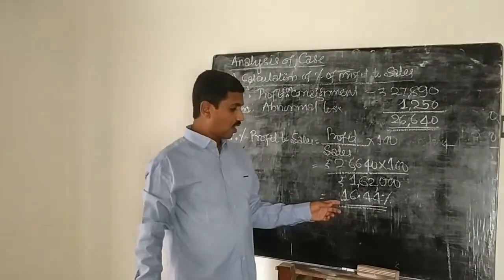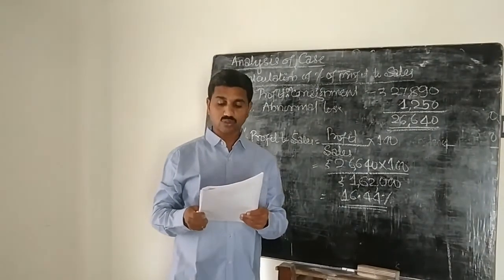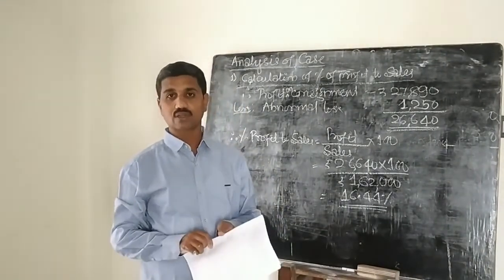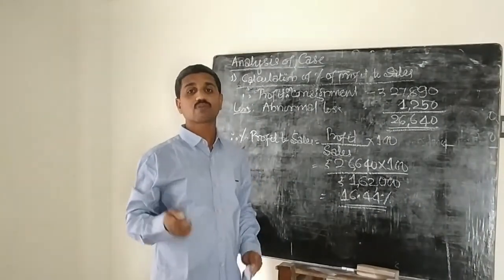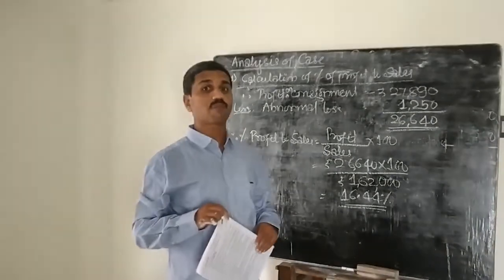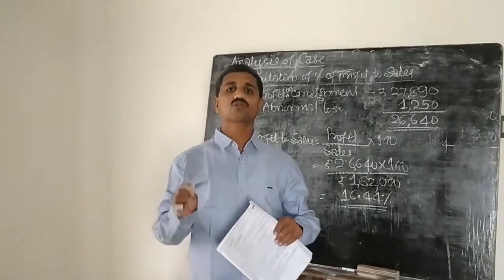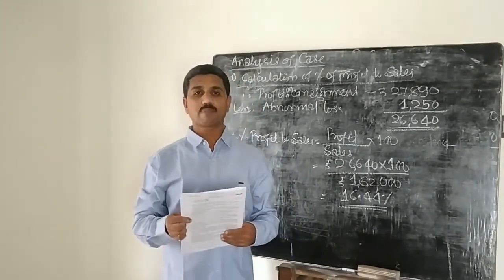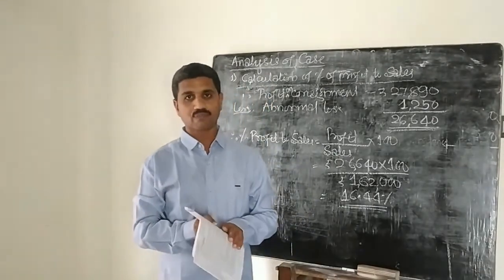But remember, how much is he supposed to pay as commission to the consignee? 10%. So hardly there will be a margin of 6%. That's why it is advisable for the consignor to start a branch at the place of the consignee, that is in Vijaypura.